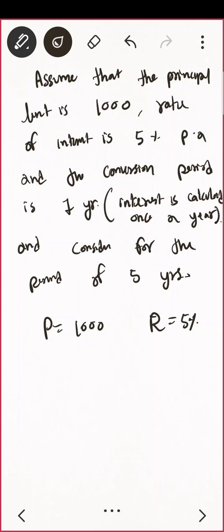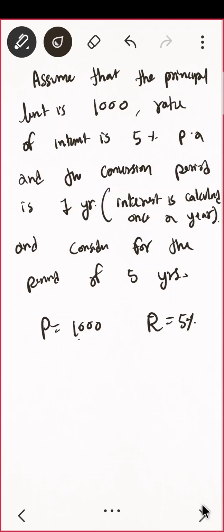So if it was a simple interest, we don't have to see this conversion period, correct? If it was a simple interest, then you quickly calculate by taking 5 years. You are spending this much amount with this rate, so you'll be getting here. But now, since it is a compound interest, so what will happen? Let us see.